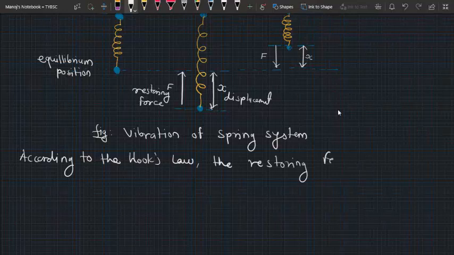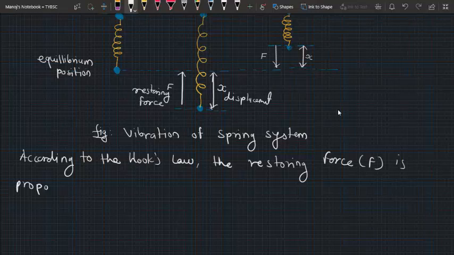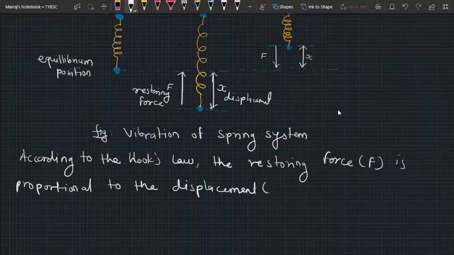The restoring force F is proportional to the displacement x of the mass from the equilibrium position or mean position.